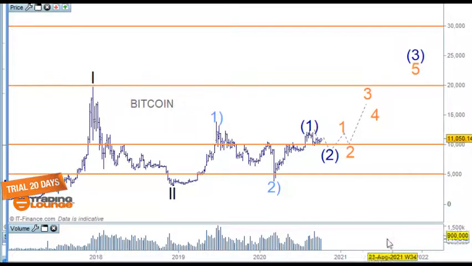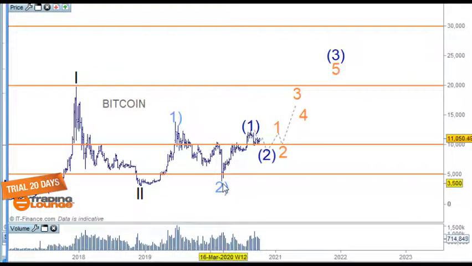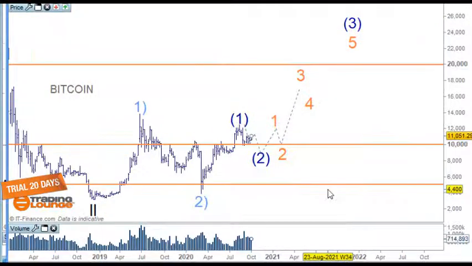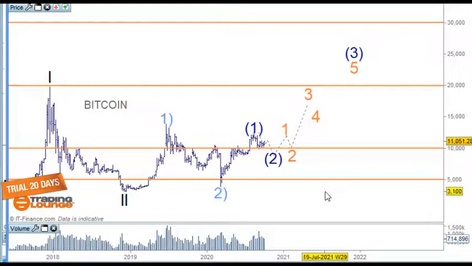And then between this primary wave 2 here to primary wave 3, which will be further up here, there will also be 5 waves of 1 and 2 and 3 and 4 and 5. So at the moment we're looking at being at 1 and 2 and 3 here and 4 and 5. So let's go in and take a closer look at this here.